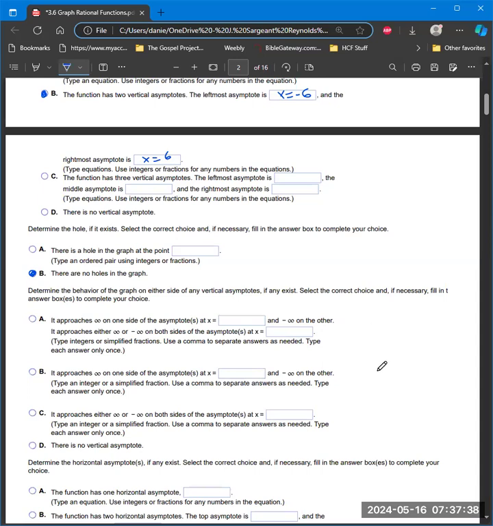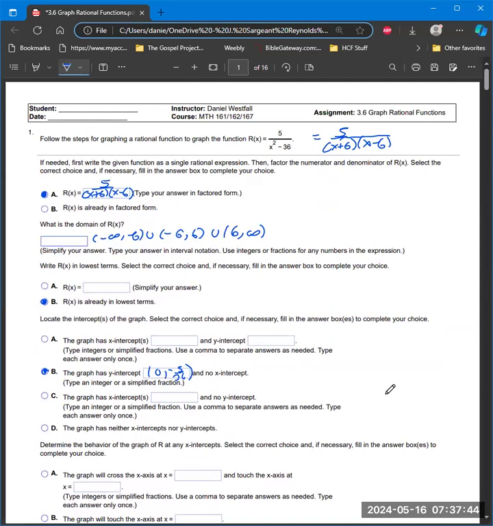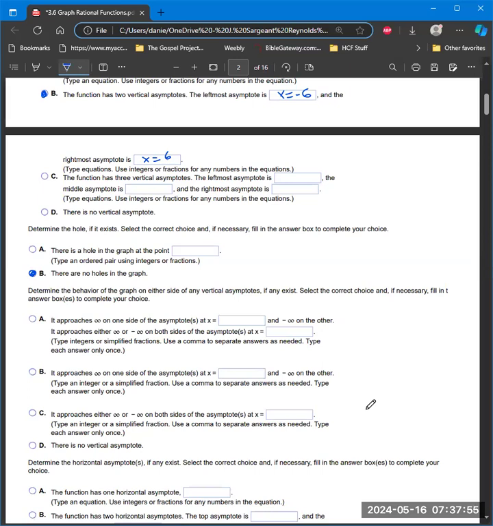So on either side of the vertical asymptote, let's go something a little bit more negative than negative 6 here. That would be a positive over a negative times a negative, which is going to be a positive. So it's going to go off towards positive infinity. So it approaches positive infinity from the left.